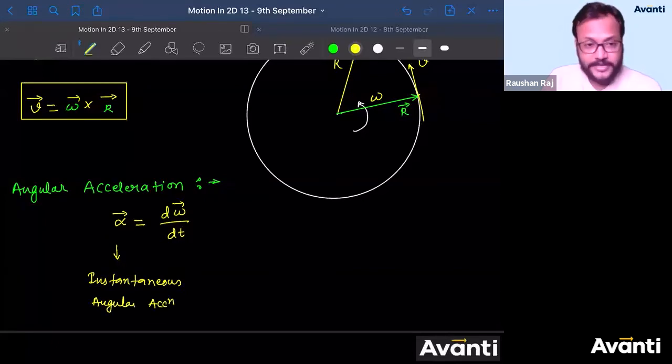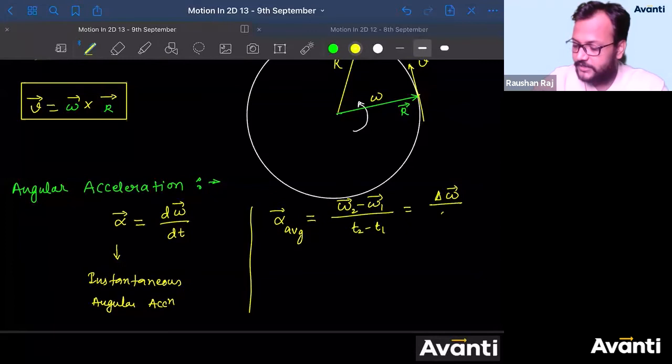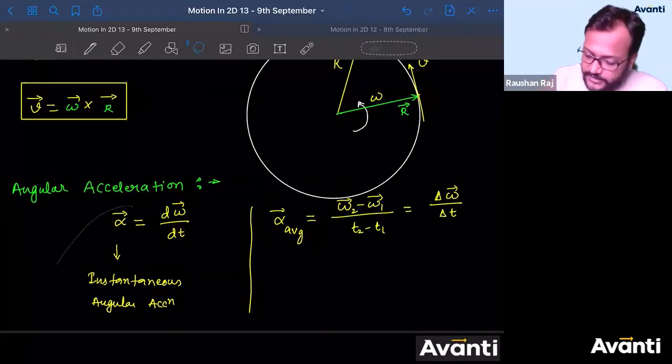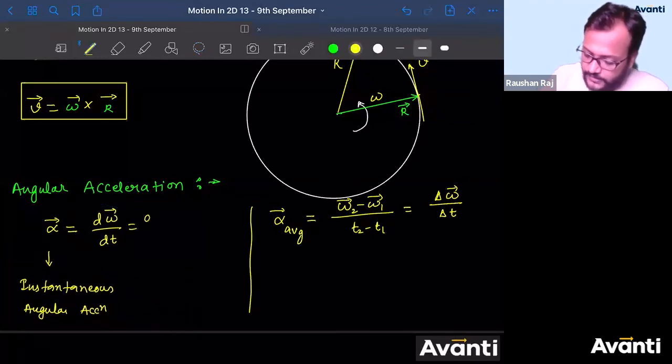angular acceleration. If I ask you to give me a relation for average angular acceleration, what will be the answer? It will be omega 2 minus omega 1 divided by t2 minus t1, or you can say delta omega vector divided by delta t. Tarak Datta is suggesting we can also write this alpha as d2 theta divided by dt square.